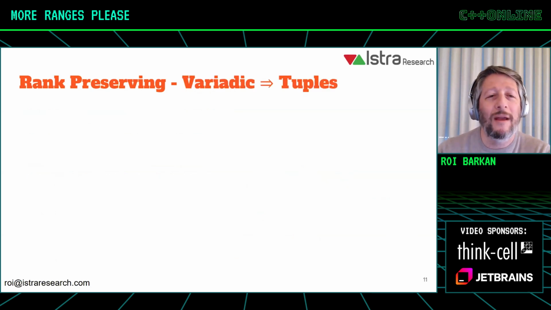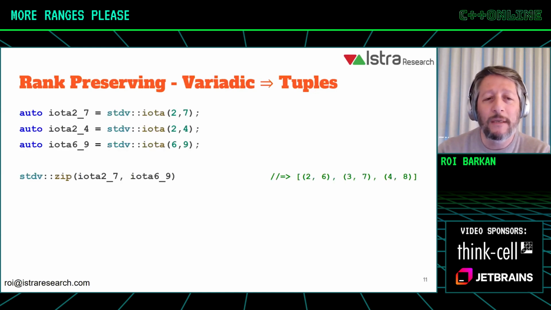Moving on to the variadic to tuple types of adapters. Again, the most common one that people who are familiar with Python probably know is the zip view, where we take a variadic number of ranges in the input and generate a single range of tuples, where the number of elements in each tuple is exactly the number of variadic arguments that zip received.